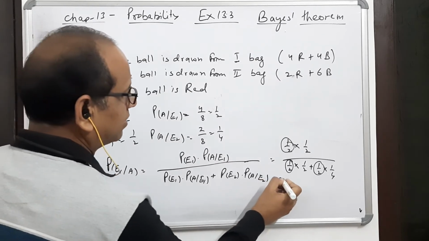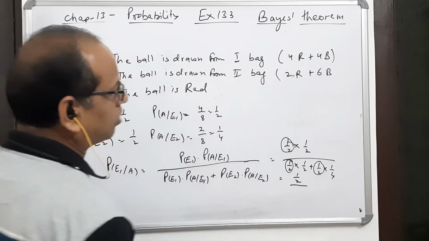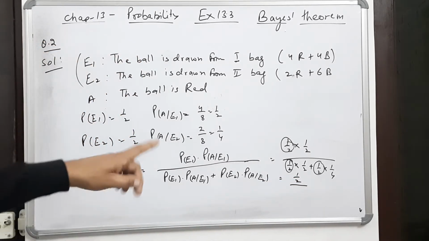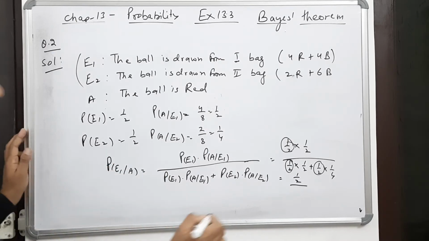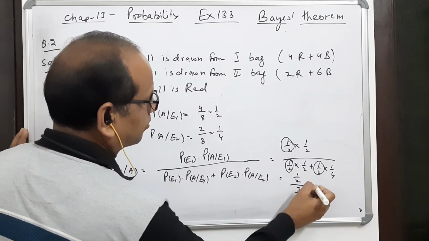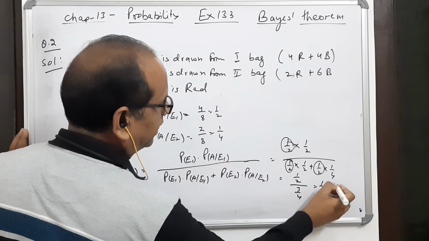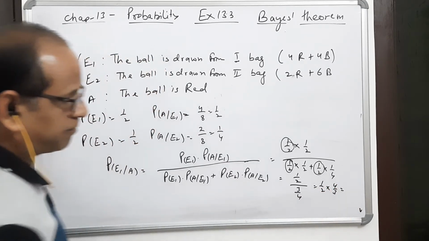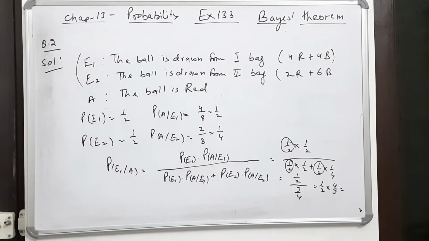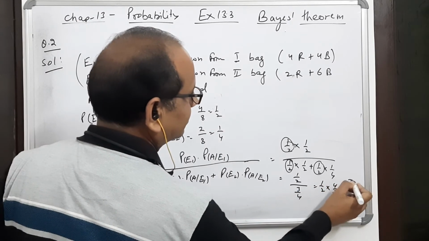So here the fast method is 1/2 upon 1/2 plus 1/4, which is 3/4. So the answer is 1/2 times 4/3.